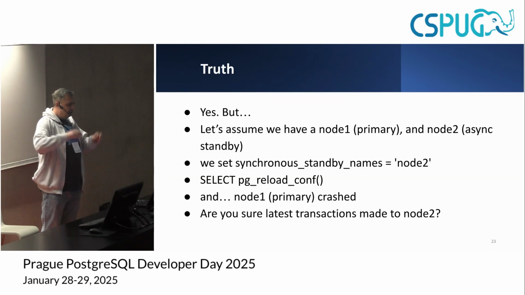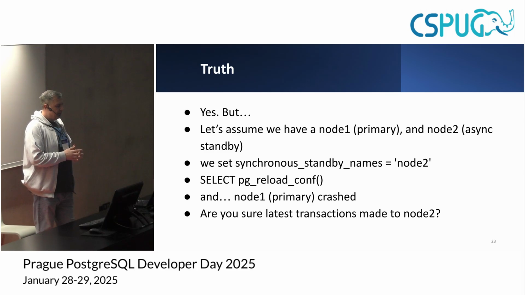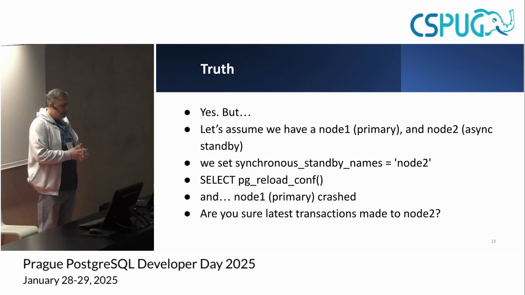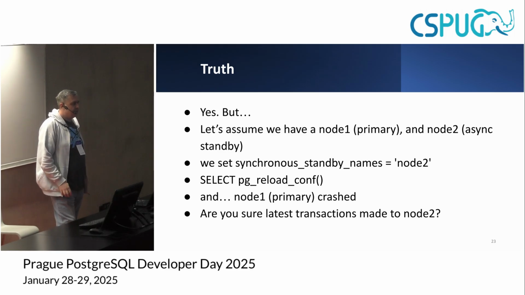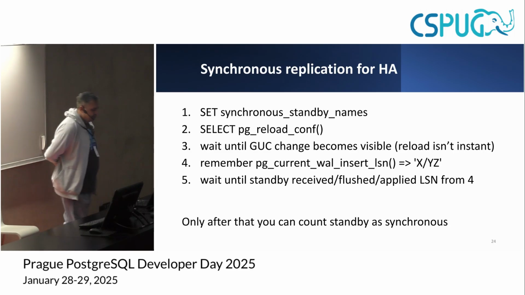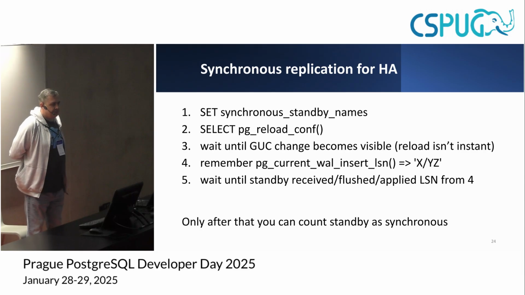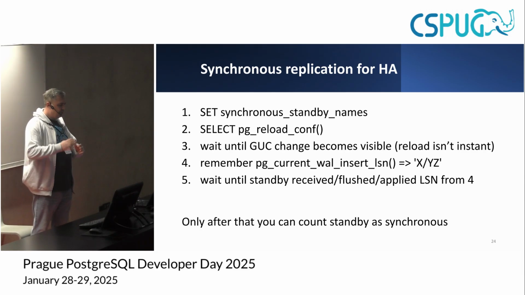Was it really a fully synchronous node, that the primary was already waiting until this node starts confirming transactions before reporting them back to the application as successful? So, in fact, we cannot know, and we need to prove that this node became synchronous.